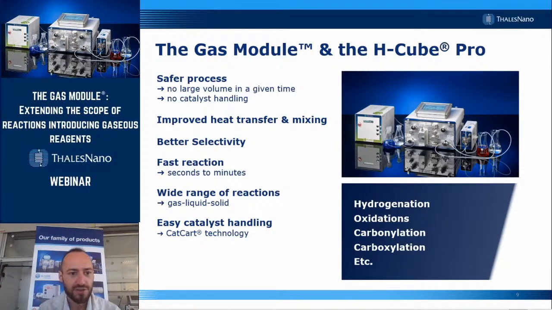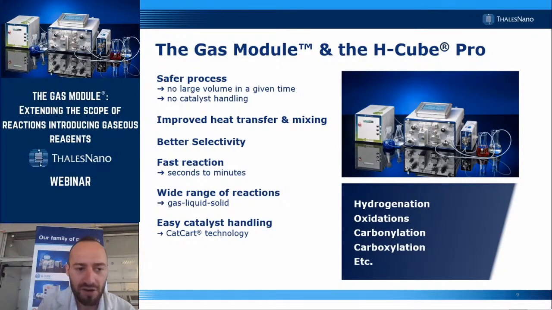So reactions such as carbonylation or oxidation can now be performed with the HQ Pro at the same high pressure and same high temperature, so up to 150 degrees with the HQ. The HQ Pro gas module combination provides you a safer reaction due to the small volume at a given time.